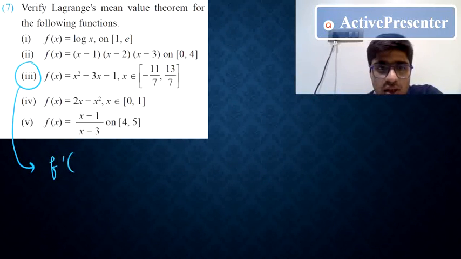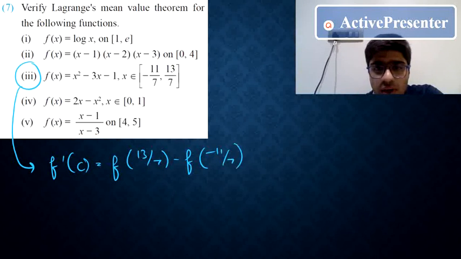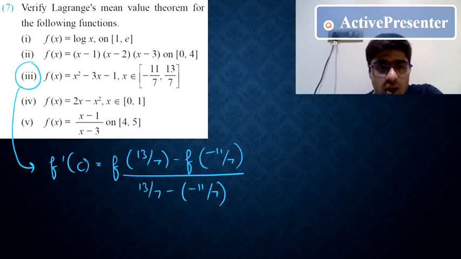So f dash of C has to be equated with f of 13 by 7 minus f of minus 11 by 7, divided by 13 by 7 minus minus 11 by 7. F dash of C will be 2C minus 3.